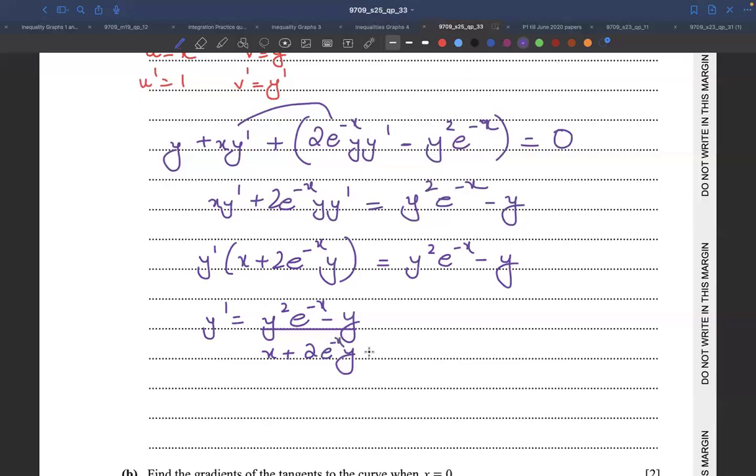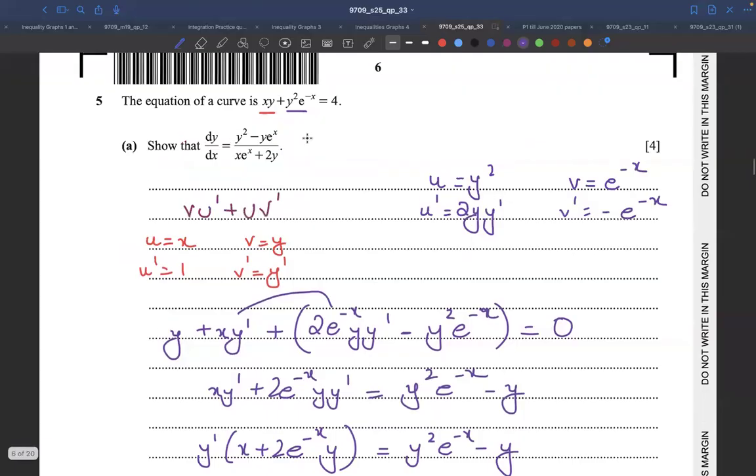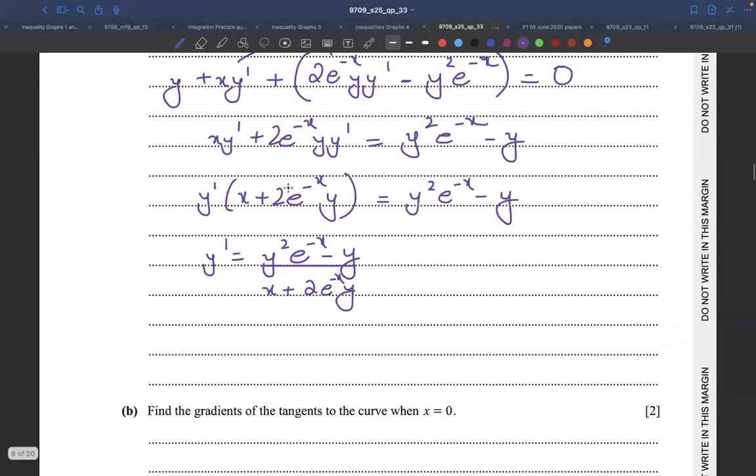Now in this question, the powers of x are positive. So let's try and make them positive. We can write the numerator as y squared upon e to the power positive x, minus y. So that will be the numerator. And if we take the LCM here, we'll get (y squared minus y e to the power x) divided by e to the power x.